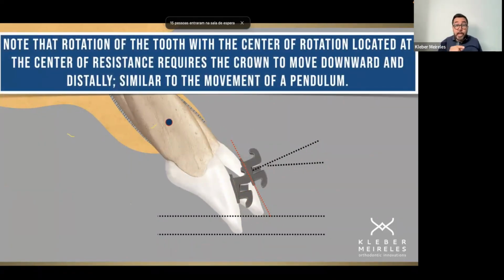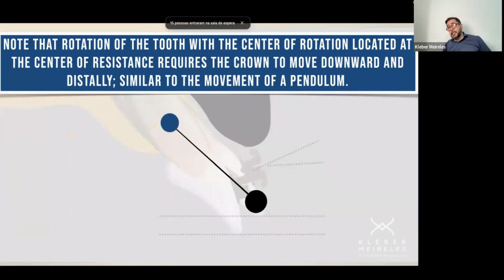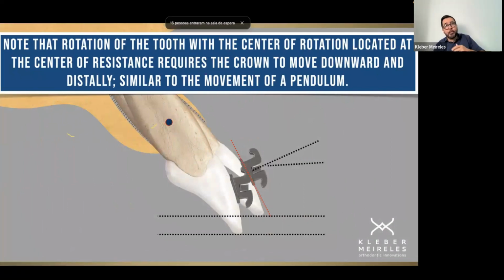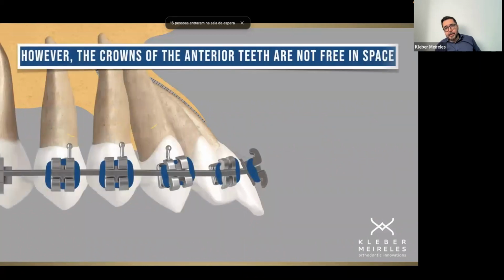So note that rotation of the tooth or anterior teeth with the center of rotation located at the center of resistance requires that the crown move downwards and distally, similar to the movement of a pendulum. Is it possible when we have all those teeth attached to the wire and the brackets, and we have a full arch wire attached to the brackets? Look at this.